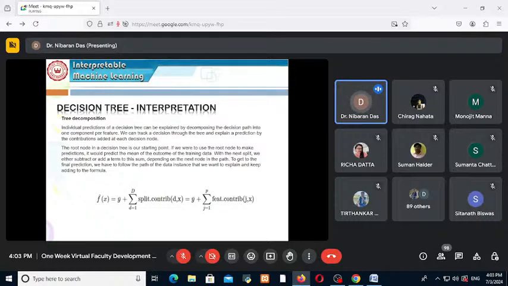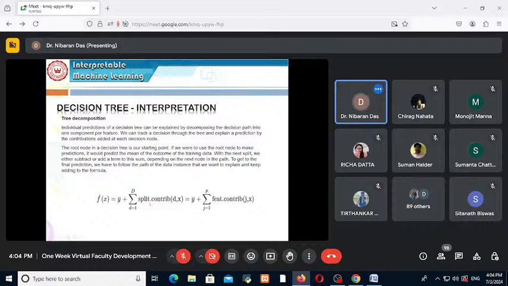With the next split, we either subtract or add a term to this sum, depending on the next node in the path. To get the final prediction, we have to follow the path of the data instance that we want to explain and keep adding to the formula. So here f-hat(x) is the mean of the instances; for classification, it will be the probability, and for regression, the average value.